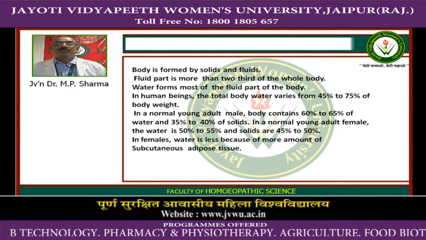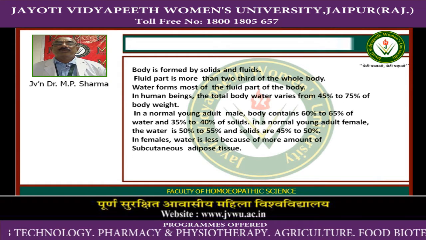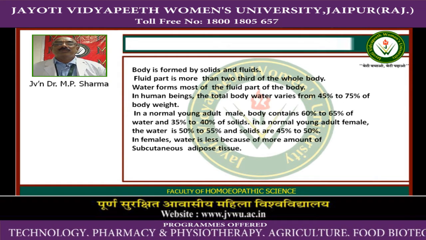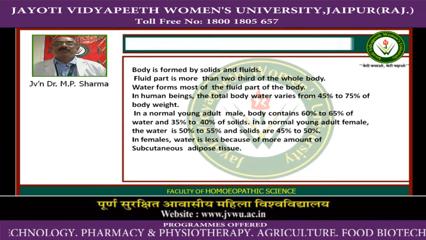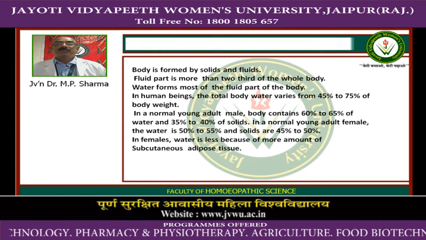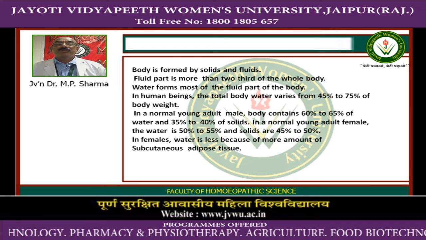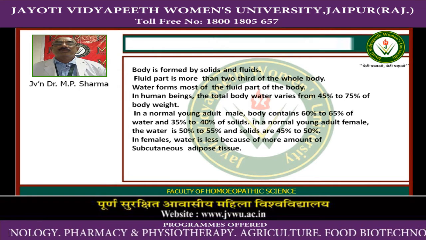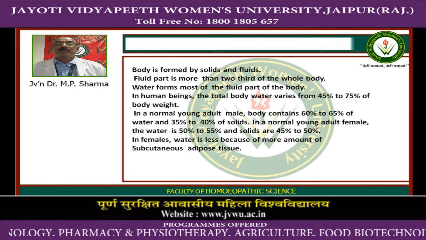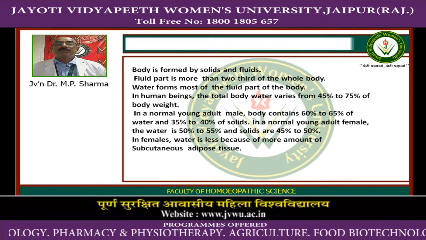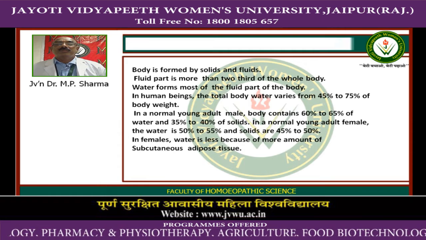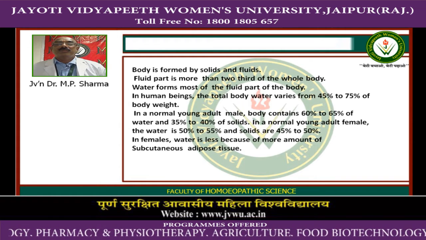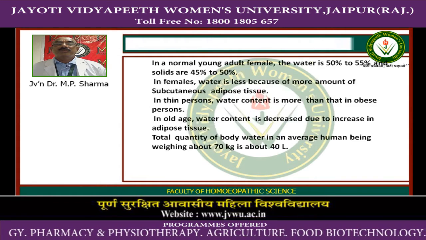In a normal young adult male, the body contains 60% to 65% water and 35% to 40% solid. In a normal young adult female, the water is 50 to 55% and solids are 45 to 50%. In females, water is less because of the greater amount of subcutaneous adipose tissue.